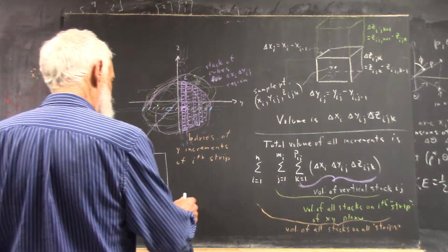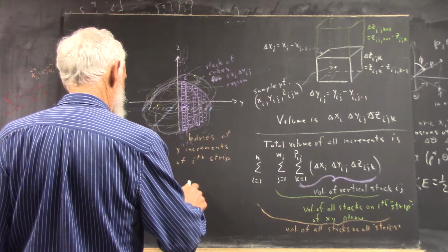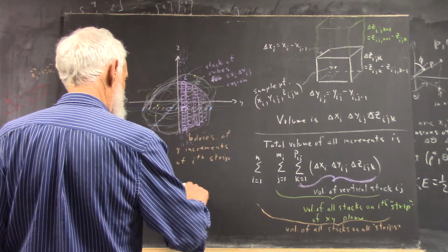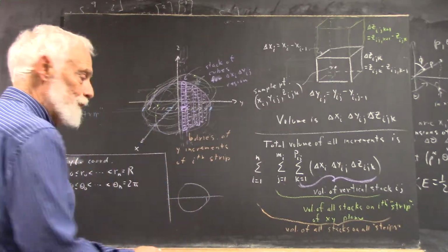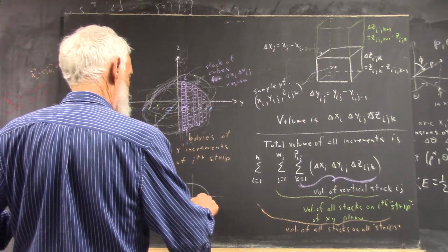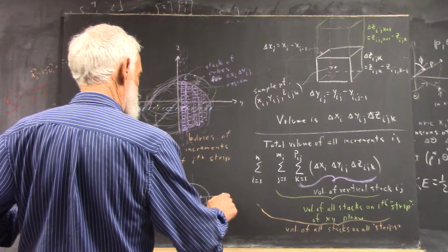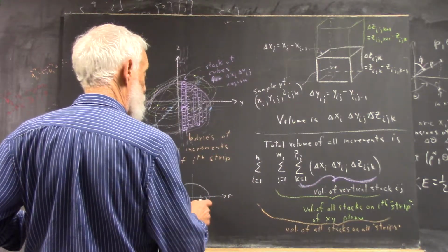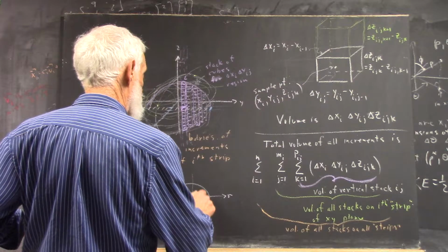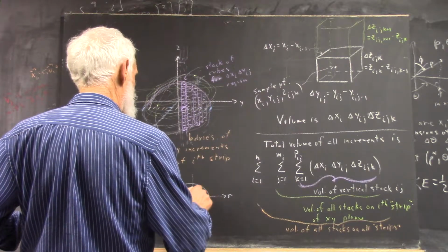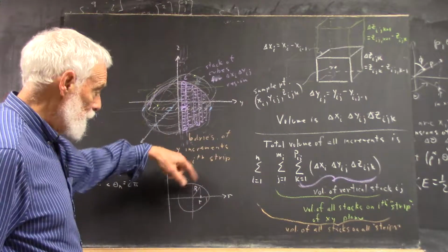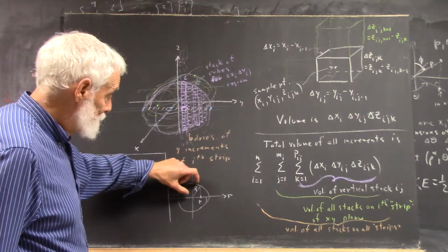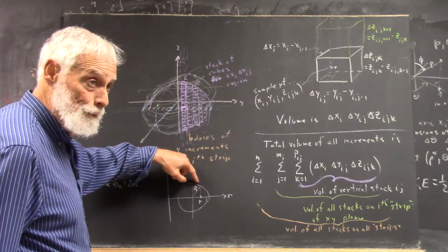Well, if we again just do this, and this is our R. Well, then our coordinate here is R. Our hypotenuse at the limit, at the boundary of the sphere is R. Okay?